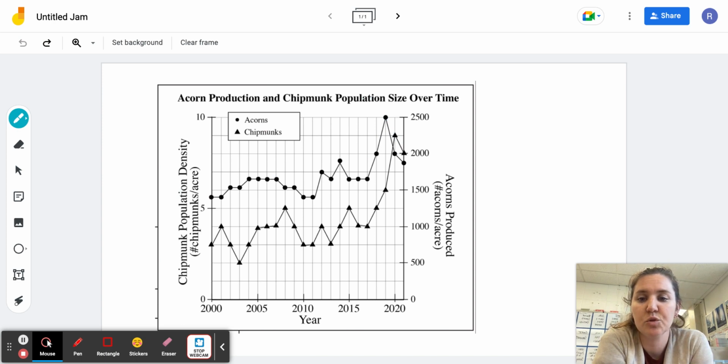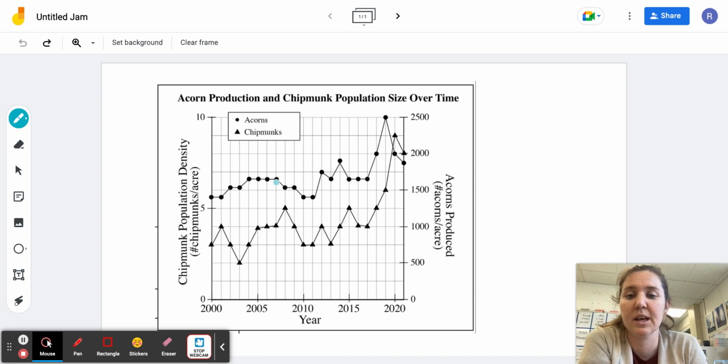So we want to find a trend in this graph. One of the trends I was just pointing out is that when acorns increase, like here, chipmunks are also increasing the next year. Or like here, acorns started to increase, chipmunks started to increase. Acorns increased here, chipmunks increased by a lot.